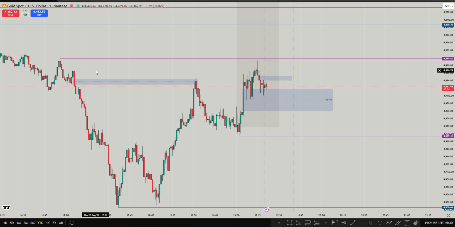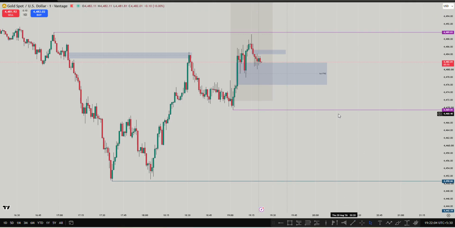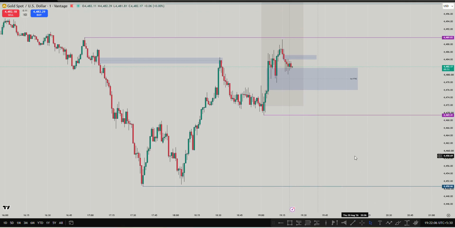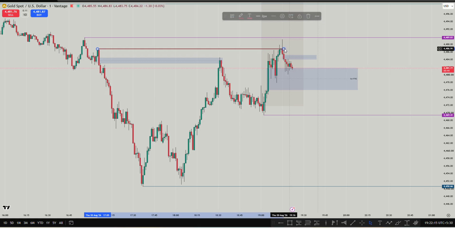What I actually see here is that all these levels are market structures. But beyond market structure, my assumption is that this is a liquidity.